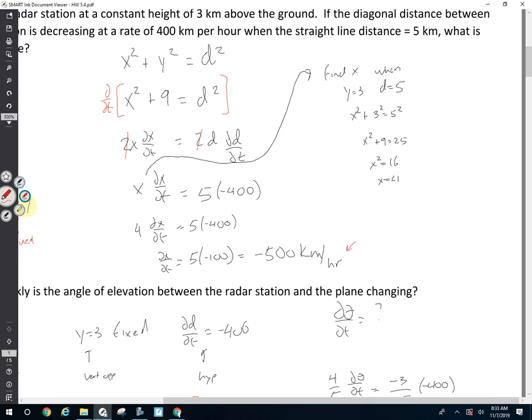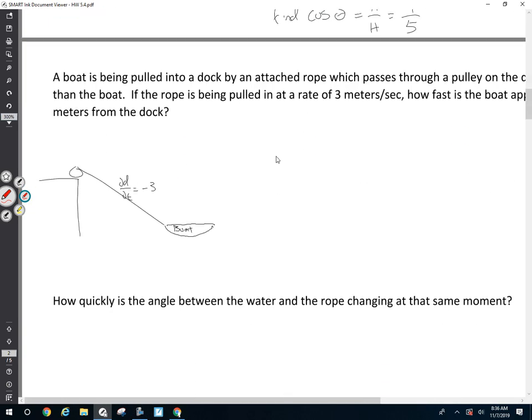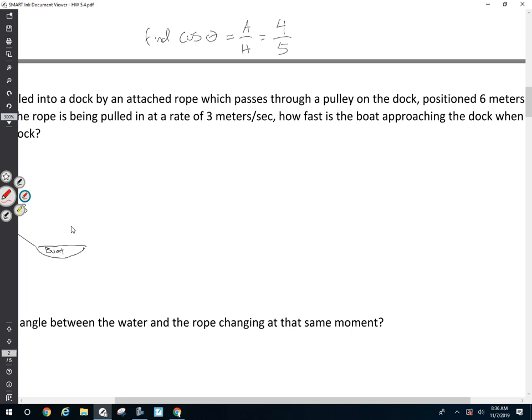So keeping track of going towards or going away, this negative is because it's coming towards.